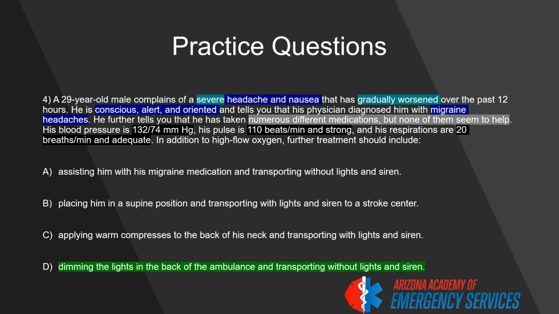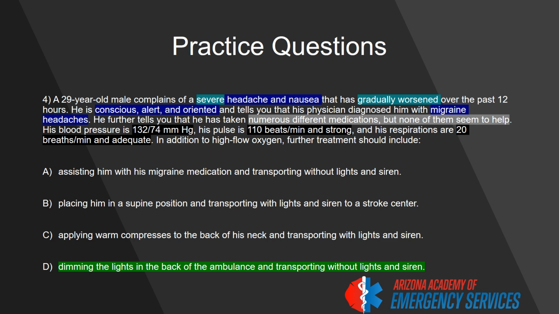What makes B wrong is transporting with lights and sirens and to a stroke center specifically. There is no explicit reason to transport a migraine patient to a stroke center, especially if we can ascertain almost beyond the shadow of a doubt that they are not experiencing a stroke.